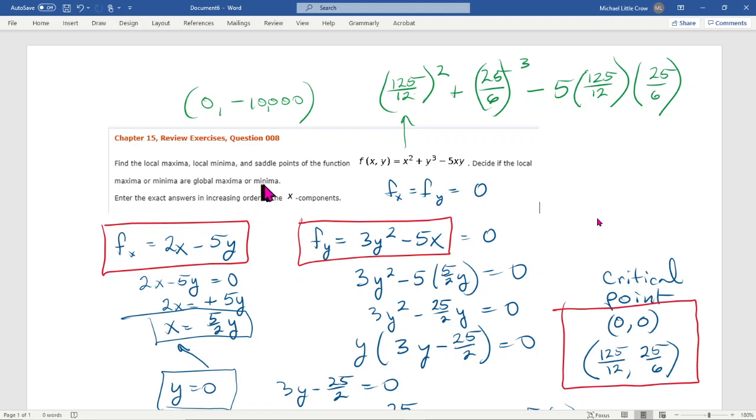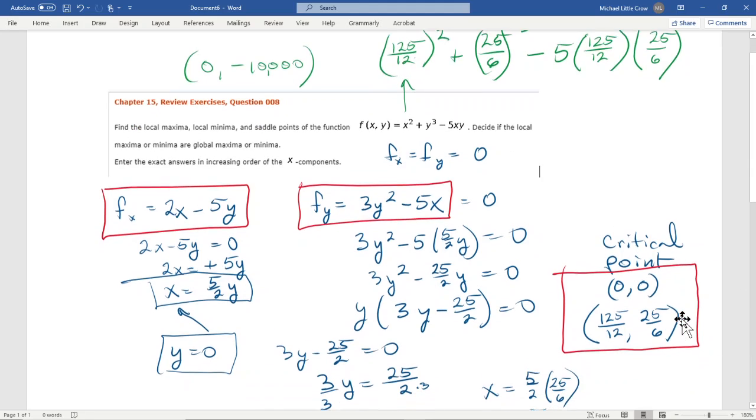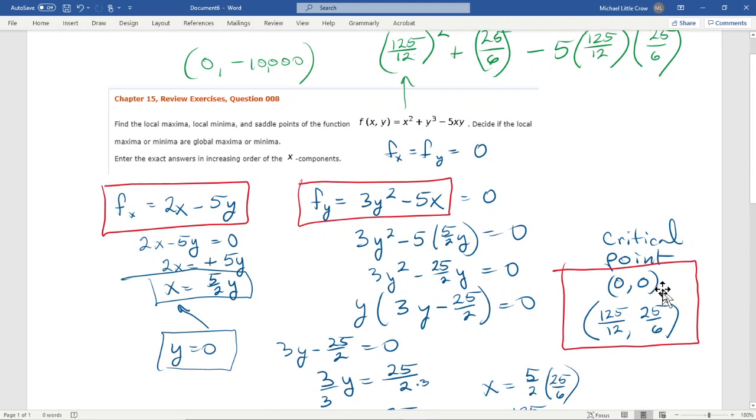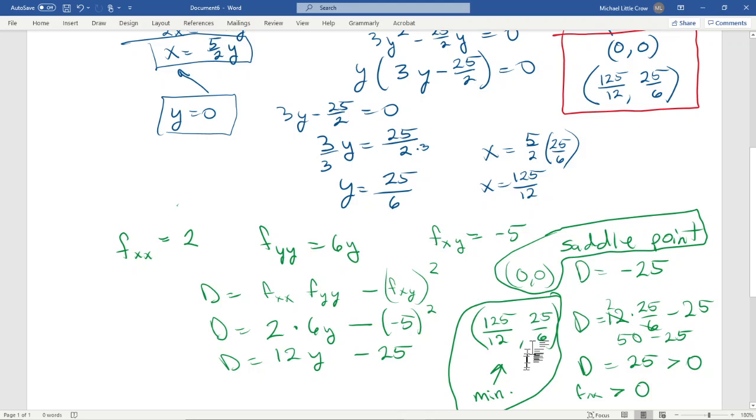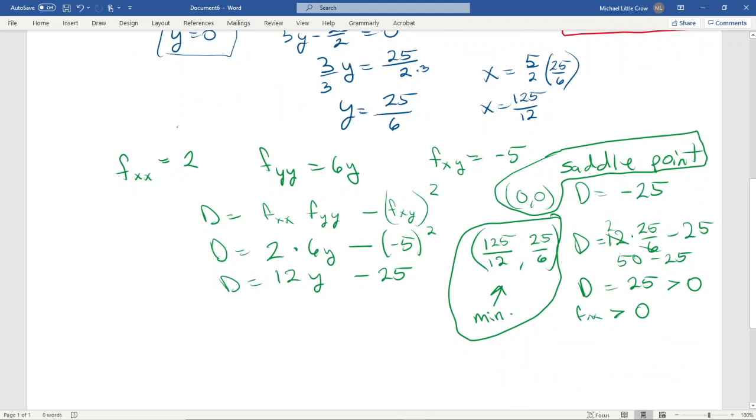So there's no global minimum. And since we don't have even a local maximum, we don't have a maximum. We have a saddle point, and we have a local minimum. So that's that one.